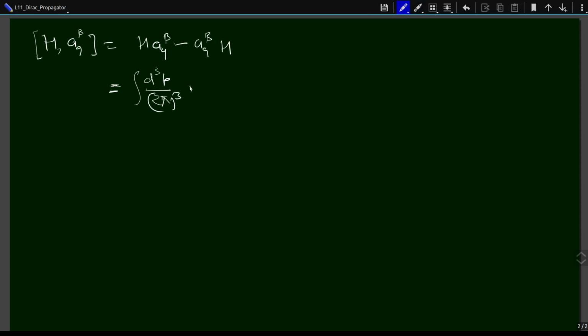Here E_p. Okay, so E_p is part of the Hamiltonian, so it will remain as it is, and let's write the part of the commutator inside it. So let me start the big bracket.